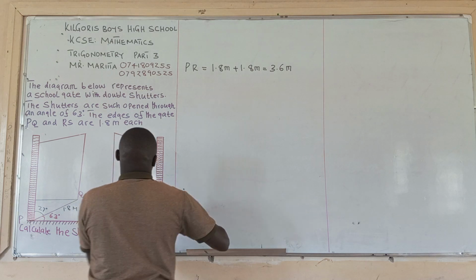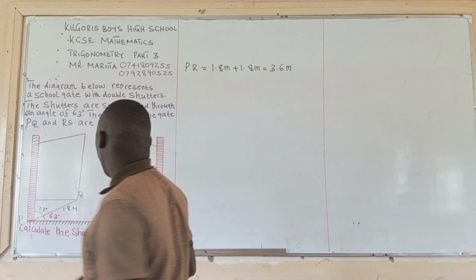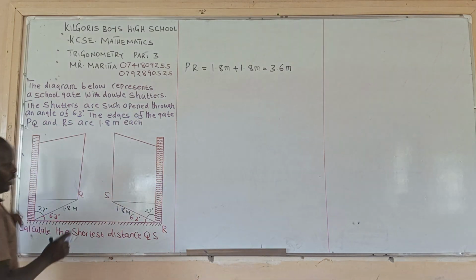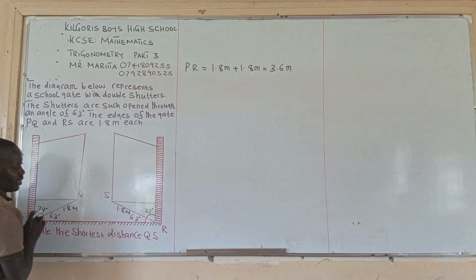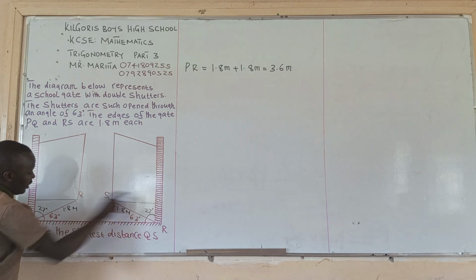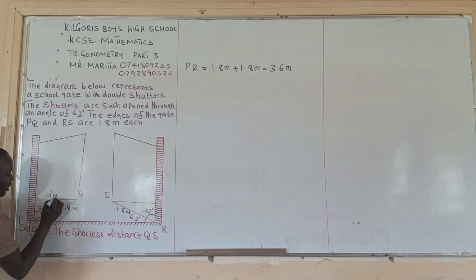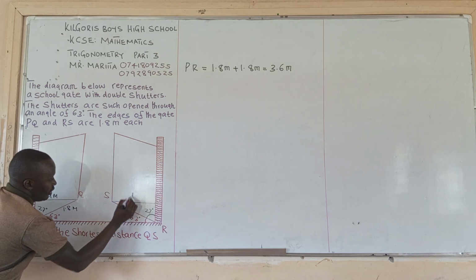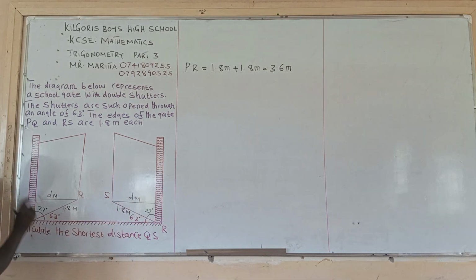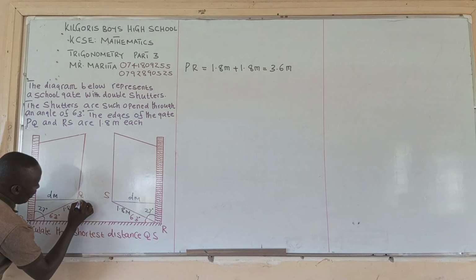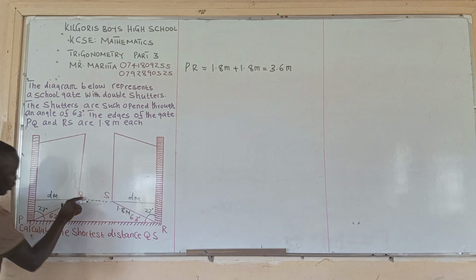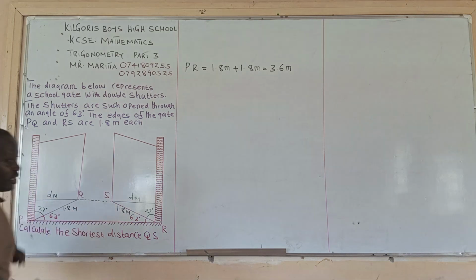Now we have joined this part here. We need this distance, which we don't know, so we let this distance be d meters and this one be d meters. And of course we have another distance here, our QS.